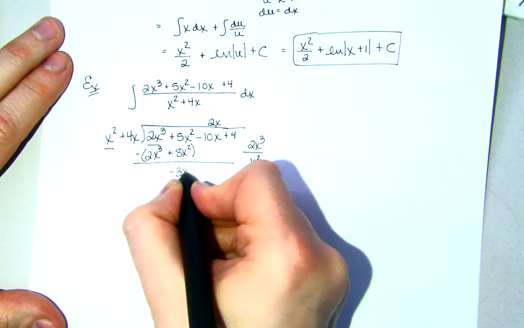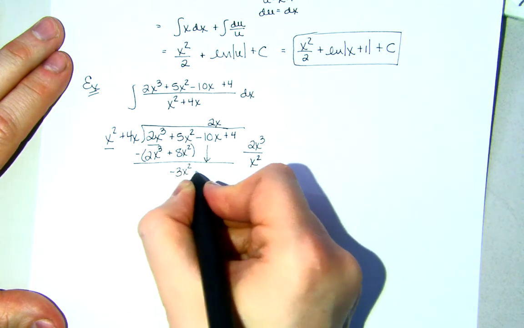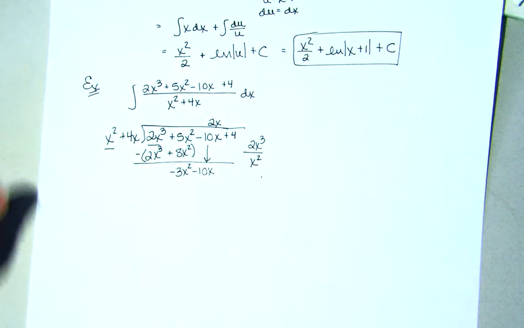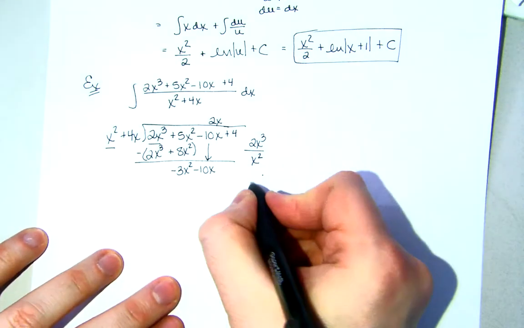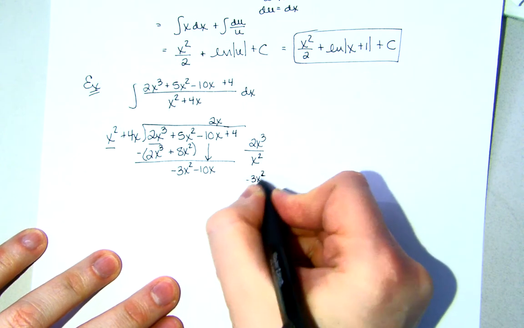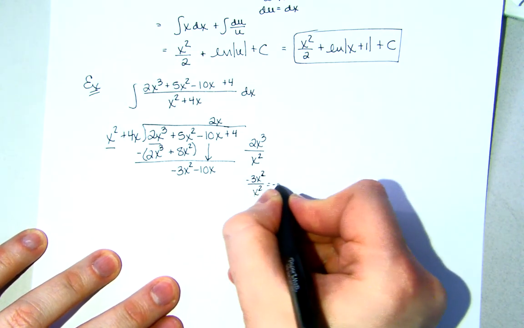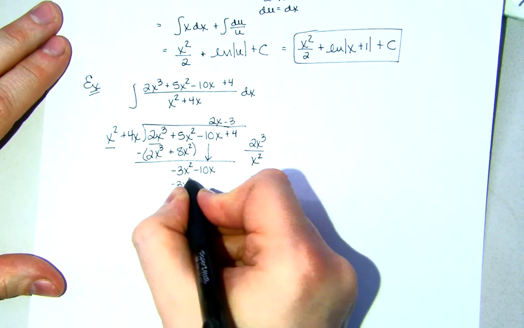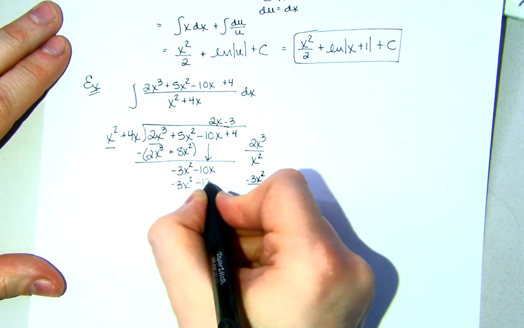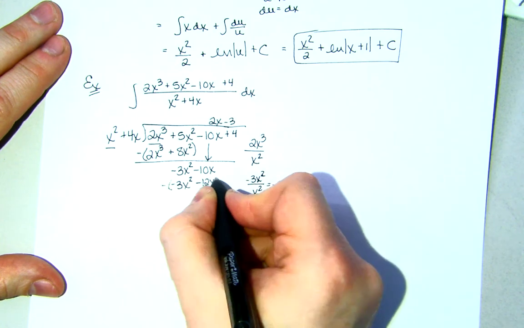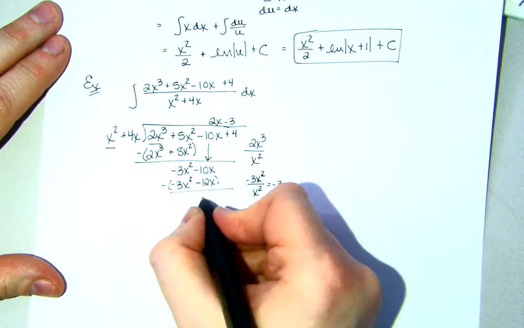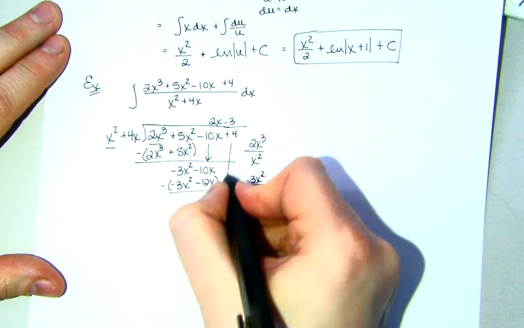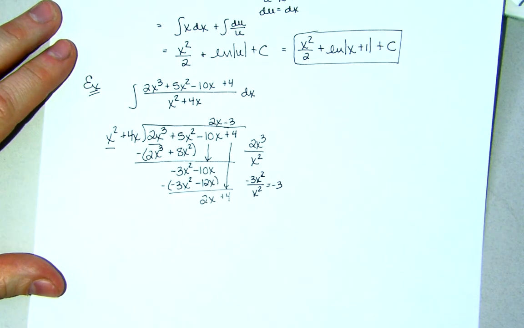I think one of the toughest parts of long division is just keeping track of the signs. It is very easy to make a little sign mistake, which will throw things off. No, I don't think I can do anything else.